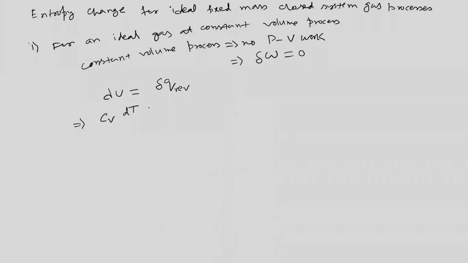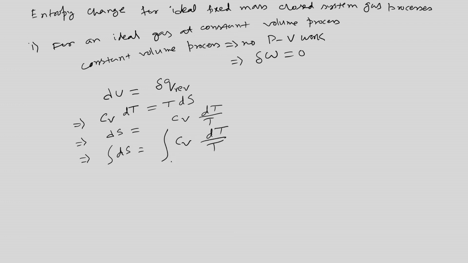So, Cv dT, and del Q is nothing but TdS, right. So, we can write dS is Cv dT by T. And if we integrate this dS, we get Cv dT by T, temperature goes from T1 to T2.